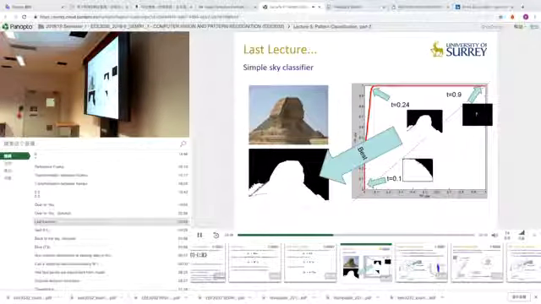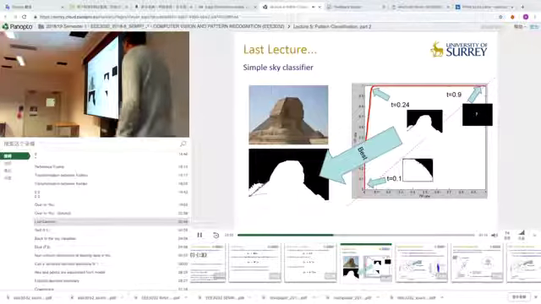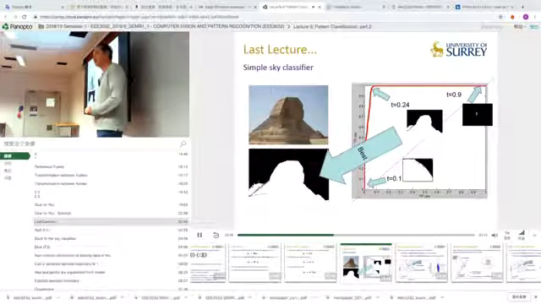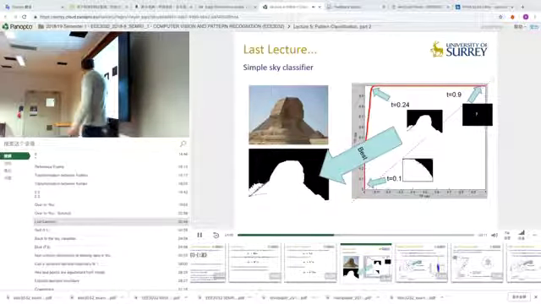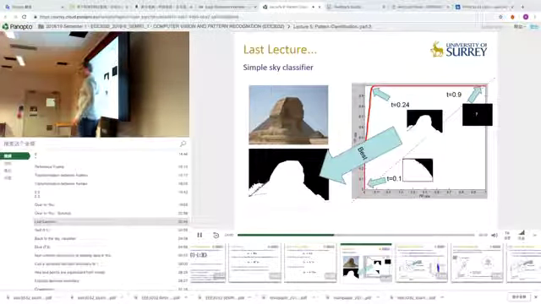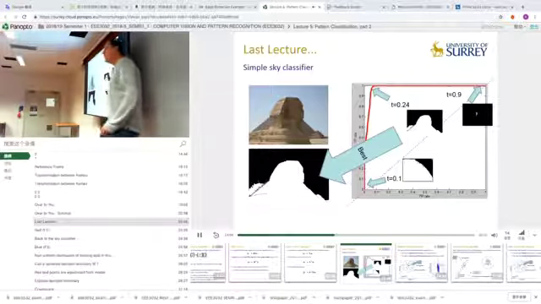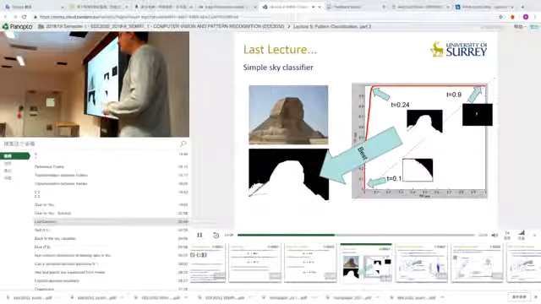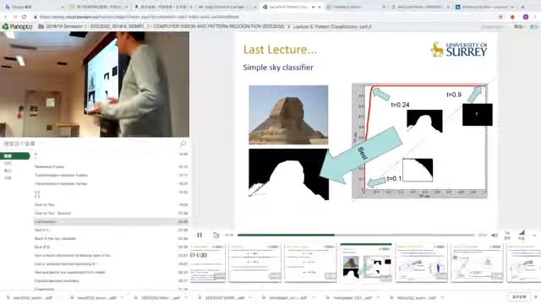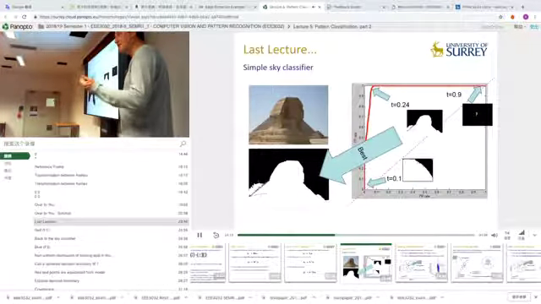Okay, so let's think back now to the last lecture. In the last lecture, we were talking about this problem of classifying pixels as being sky or not sky. So we were taking a picture like this, and going through every pixel in turn. If you remember, we were looking at the RGB values of each pixel. So each pixel had 3 features measured about it, the red, the green, and the blue.